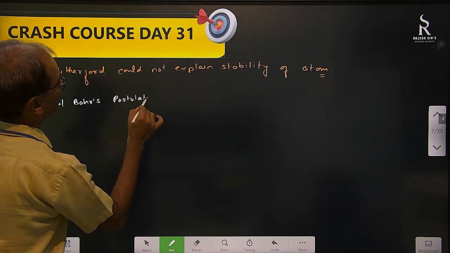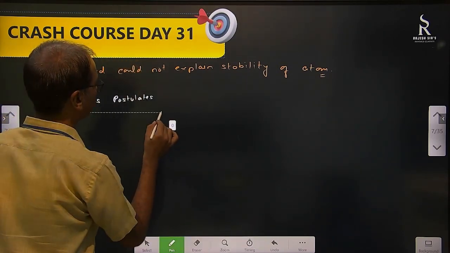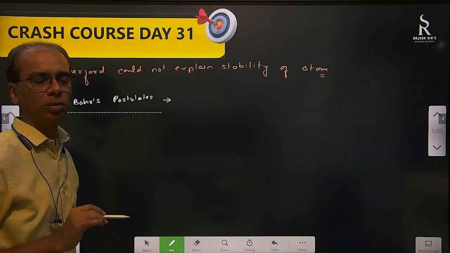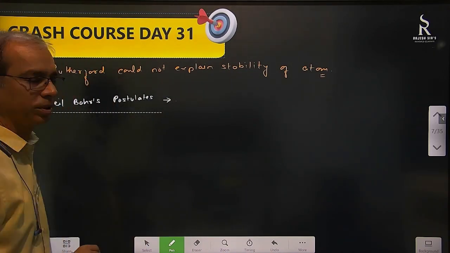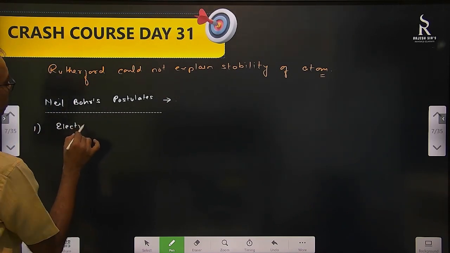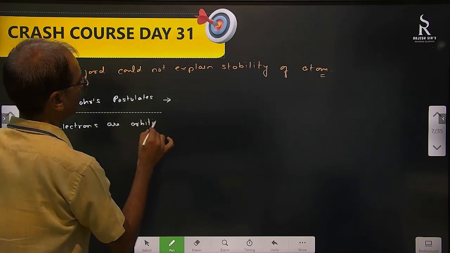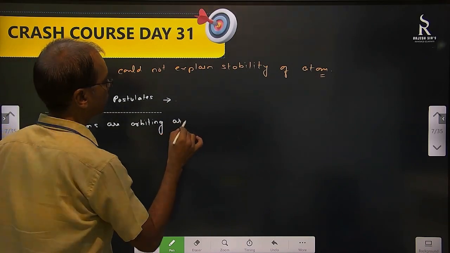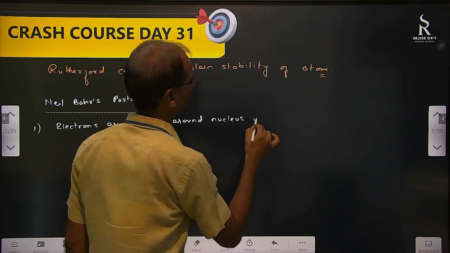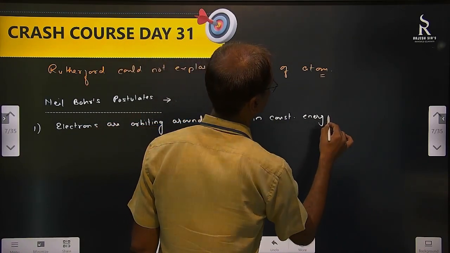What did he say? He said that the electrons orbiting around the nucleus are in constant energy orbits.